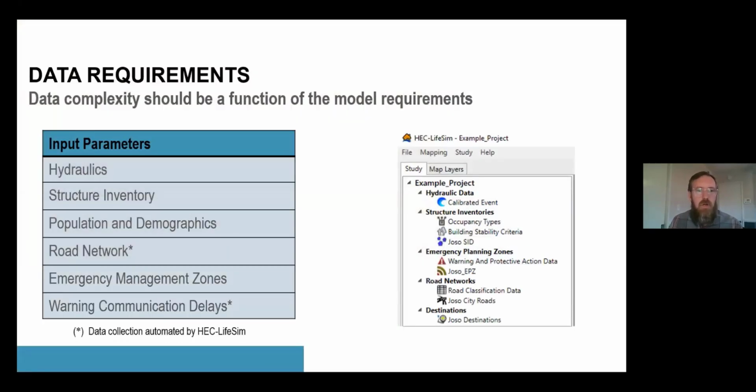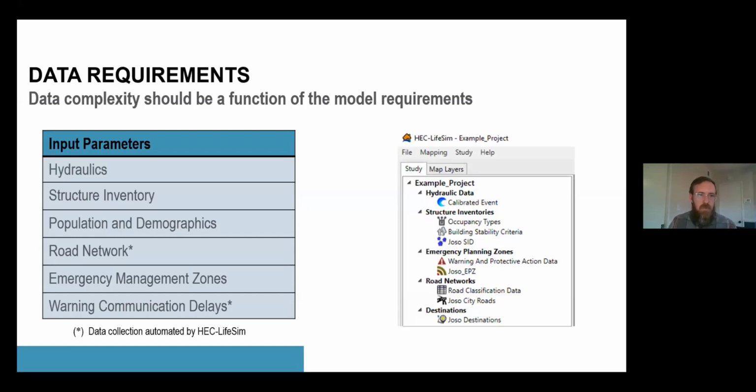Okay, the data requirements for a model. These agent-based models typically have a smattering of input parameters that are pretty much the same for any of the models. The first is hydraulics. The second is a structure inventory, which basically houses people in a location geographically to start the simulation.